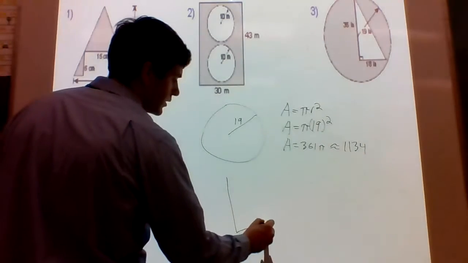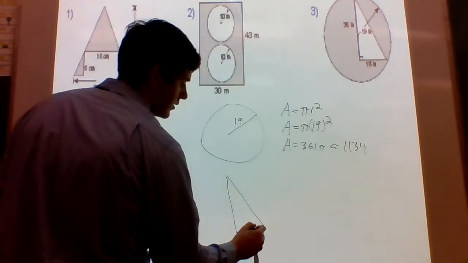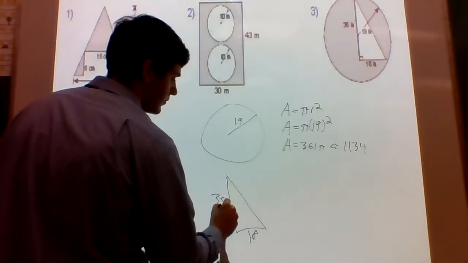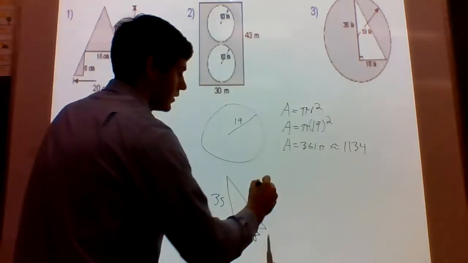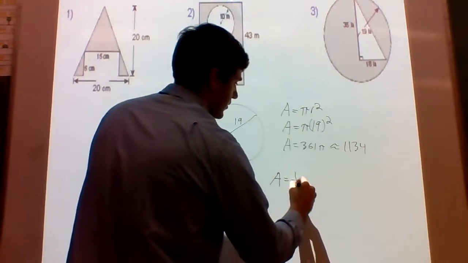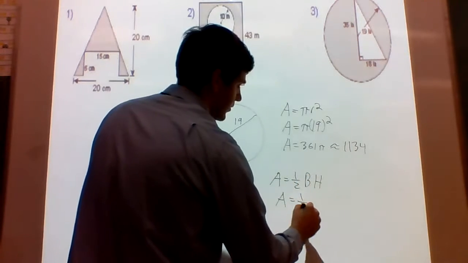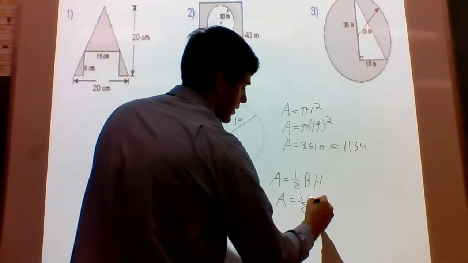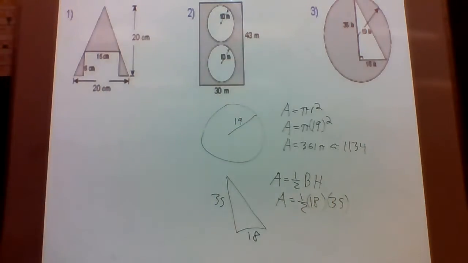The second component was a triangle. The unshaded region was a triangle. That triangle's dimensions are 18 by 35. The area of a triangle is 1/2 the base times the height. So the area of the triangle is going to be 1/2, the base is 18, the height is 35.